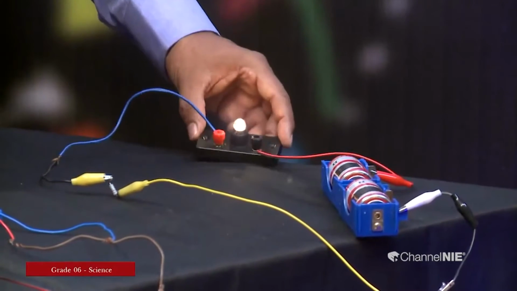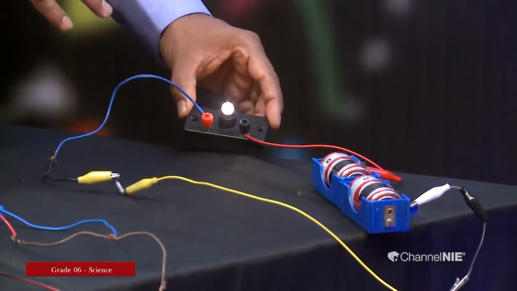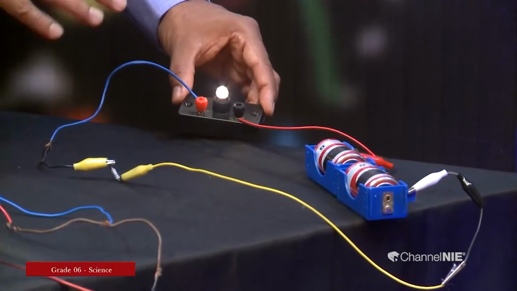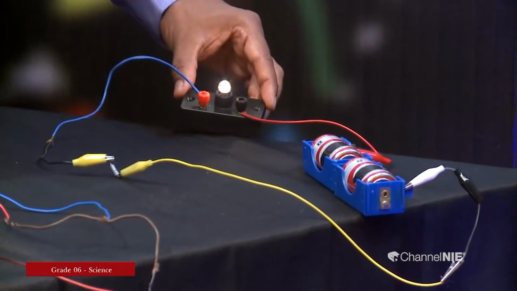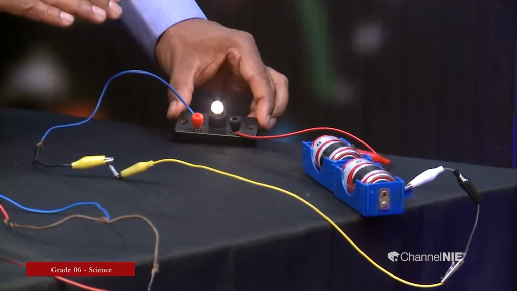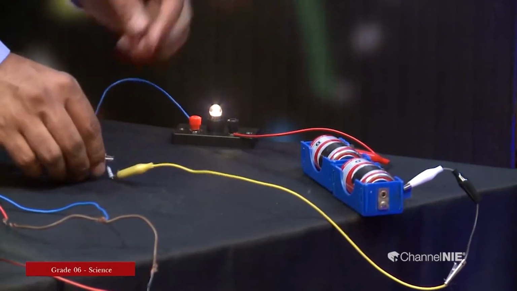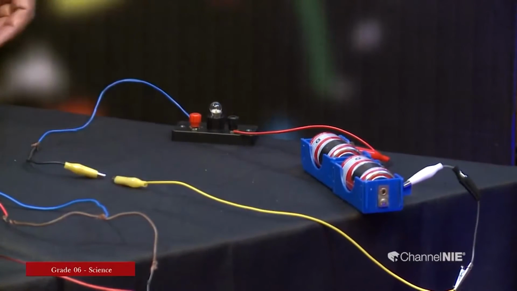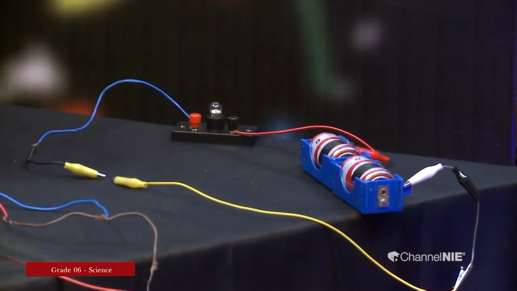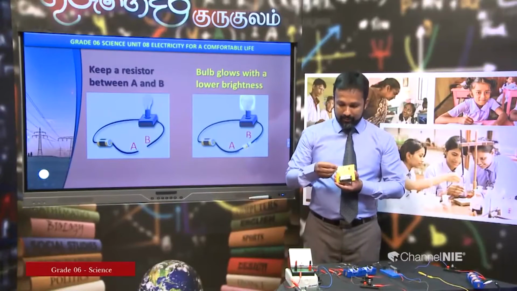Here you can observe the lesser brightness. When using a resistor, the brightness of the bulb decreases. Right. I can connect this resistor in the other circuit.